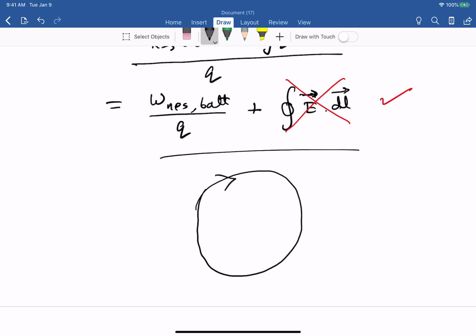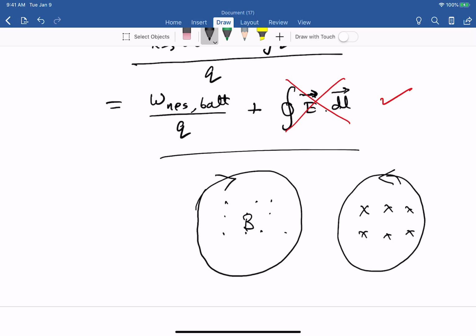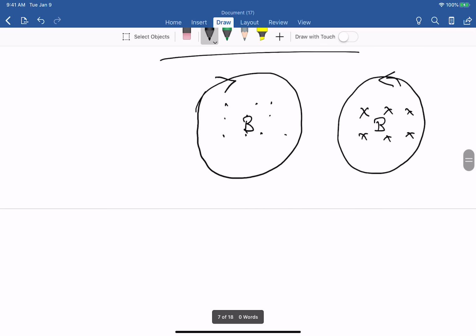And if the current were moving in the counterclockwise direction, the magnetic field would be out of the page. Okay, so that's a fact that we're going to use in today's lecture.